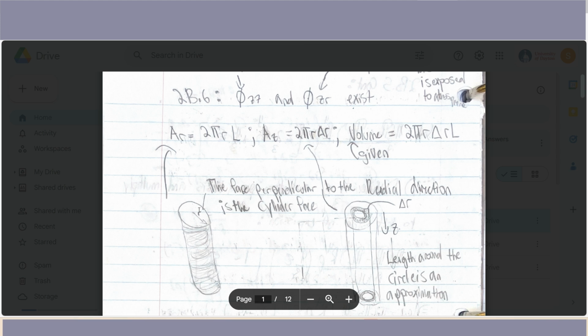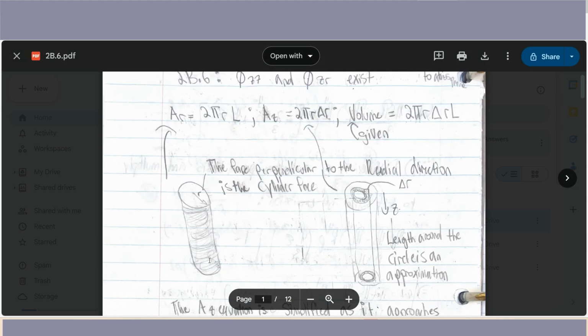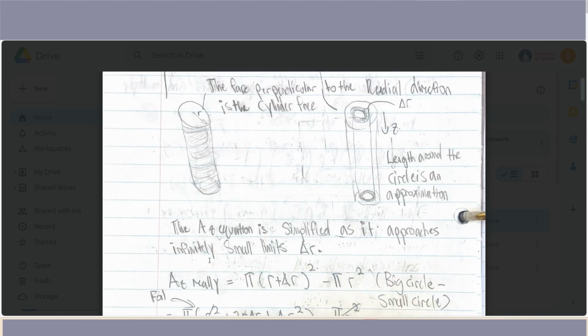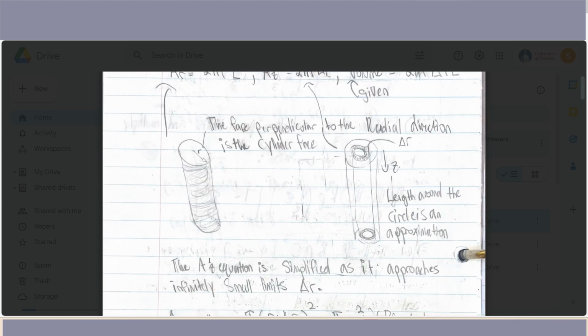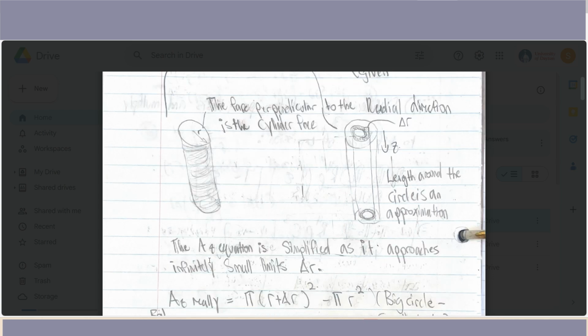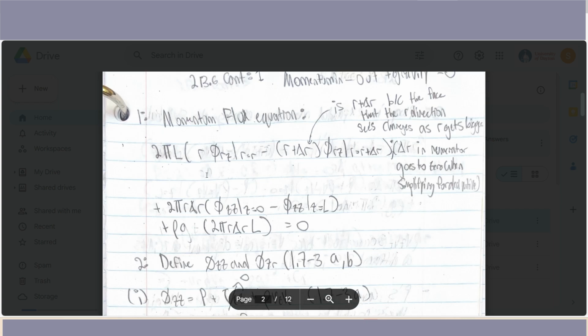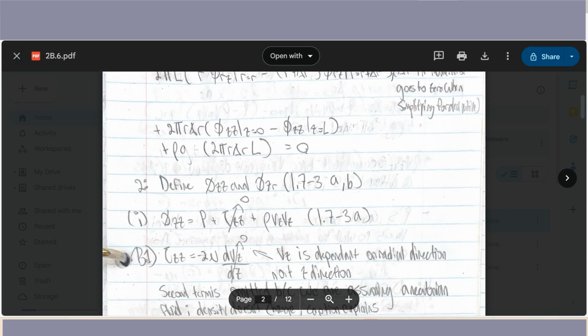And then if R is just regular R, it's just this. It's smaller. So that's why those values are different, because the surface size depends on the coordinate R. So that's why it's R plus delta R and R plus delta R.